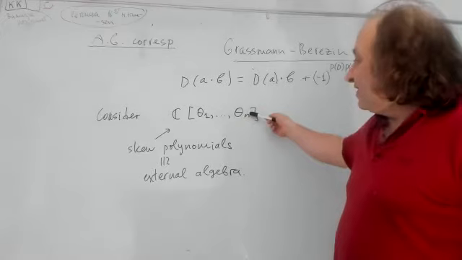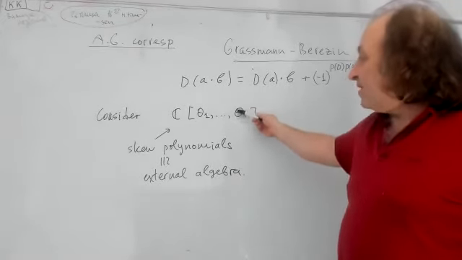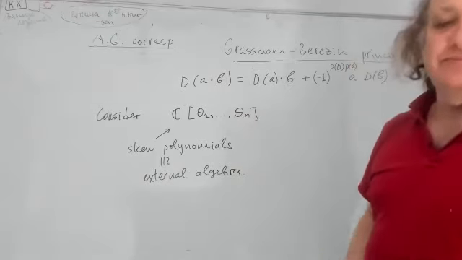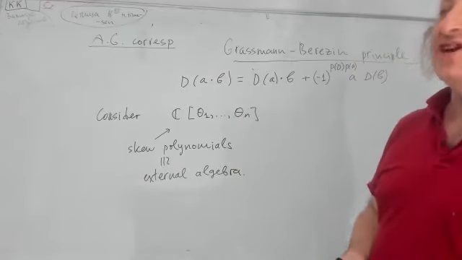Actually, it means that it is spanned by monomials in theta that are antisymmetric if we interchange them.